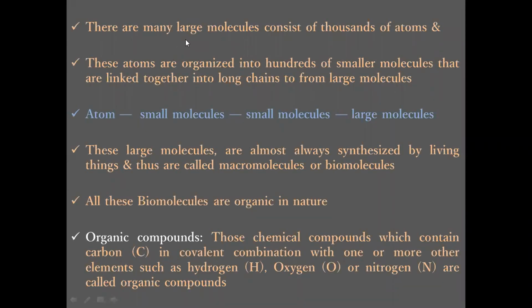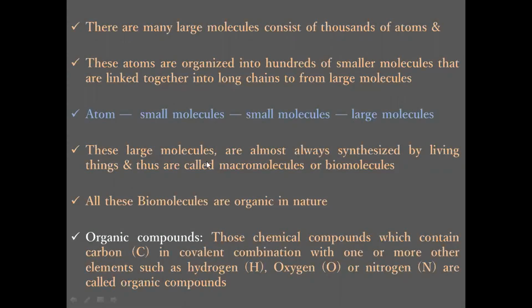We know that there are large molecules consisting of thousands of atoms, and these atoms are organized into hundreds of smaller molecules that are linked together into long chains to form large molecules. So basically we have the smallest unit, atoms, and these atoms combine to form small molecules, and these small molecules combine with one another to form large molecules.